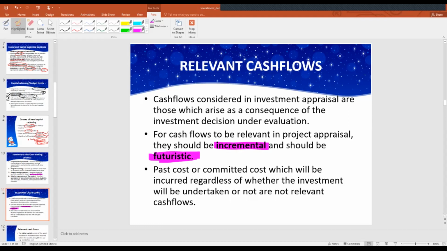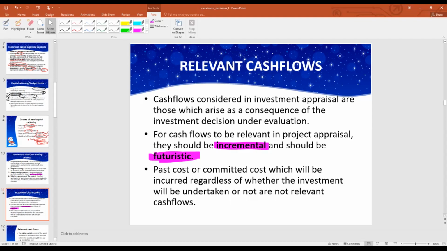If a cost is going to be incremental but not futuristic, then that's irrelevant. By incremental we mean an increase or a decrease in the current cost or cash flow. You're either going to be paying more money or paying less money, earning more money or earning less money. That is incremental.